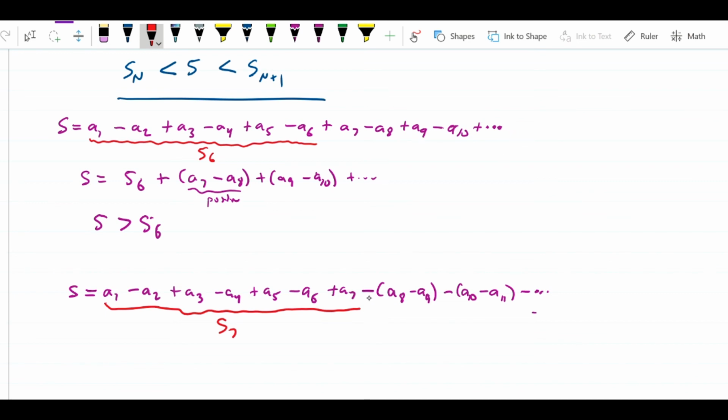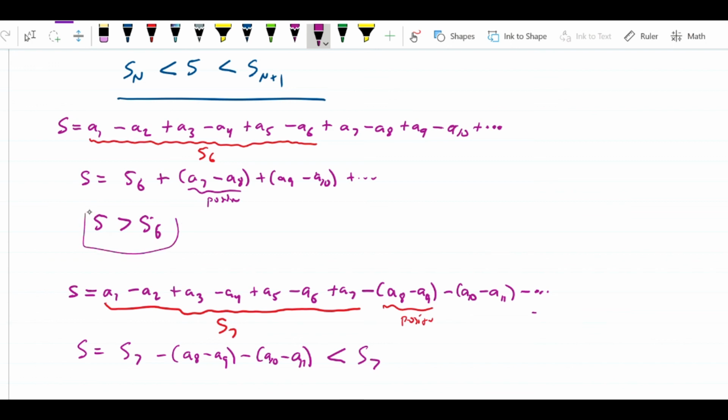So when I distribute the minus sign, I have to turn this into minus quantity A8 minus A9, minus quantity A10 minus A11, etc., where of course these are positive. So S is equal to S7 minus a bunch of positive numbers, so that means that the sum is going to have to be less than S7.